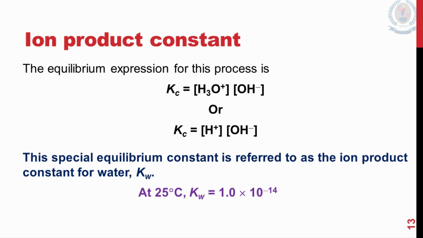Here we are not taking the concentration of water because it is a constant equal to 1, so we do not mention the concentration of water in the Kc expression. This special equilibrium constant is referred to as the ion product constant for water, Kw.